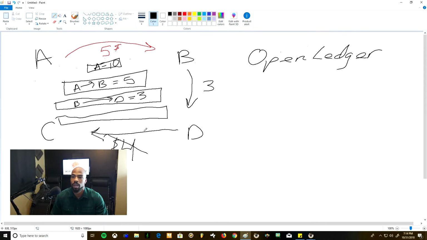This can't happen because D only has $3. Since B sent D $3 and D only has $3, D can't send $4 to C because that would disrupt the ledger. The ledger says that A had 10, A sent B 5, so B has 5. If B sends D 3, then D can't send C 4 because D only has 3. So everybody can see that.